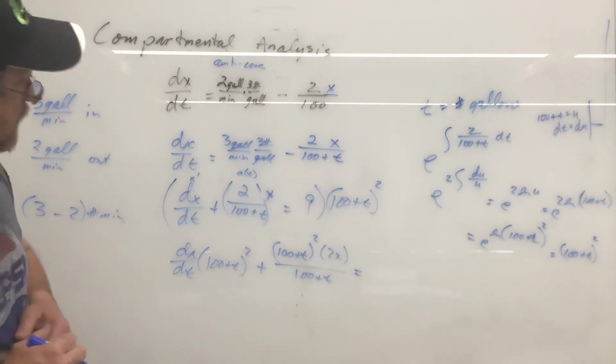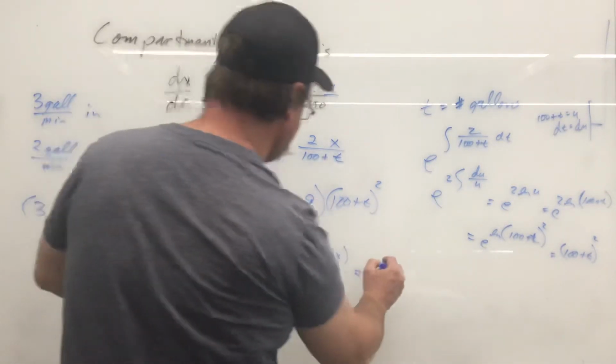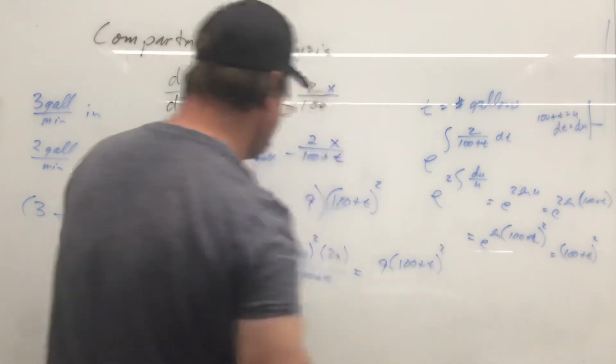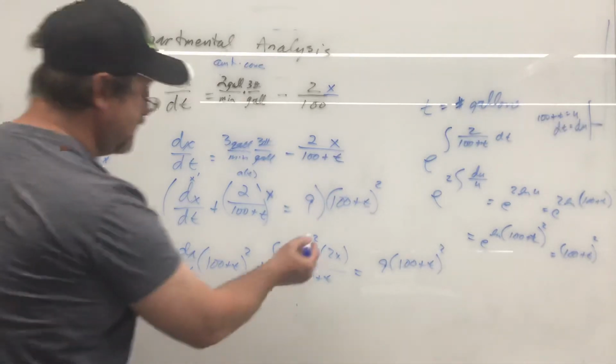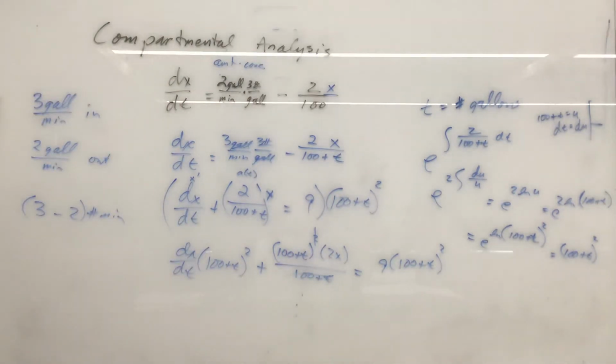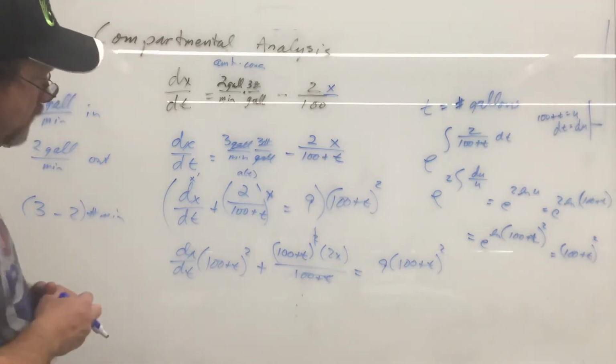And on the right hand side, 9 times 100 plus t quantity squared. So now I look at this and I say, well, that's supposed to be related to the derivative of these 2 different things. It's a product. Is this the derivative of a product?